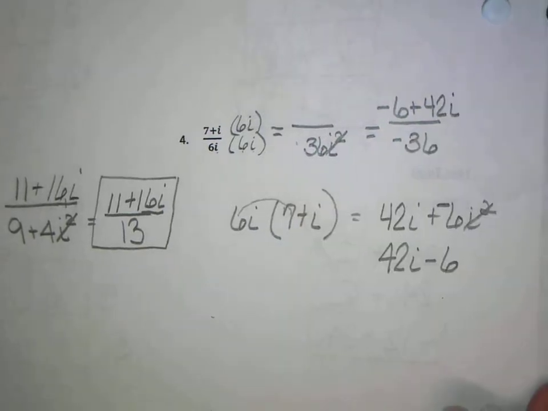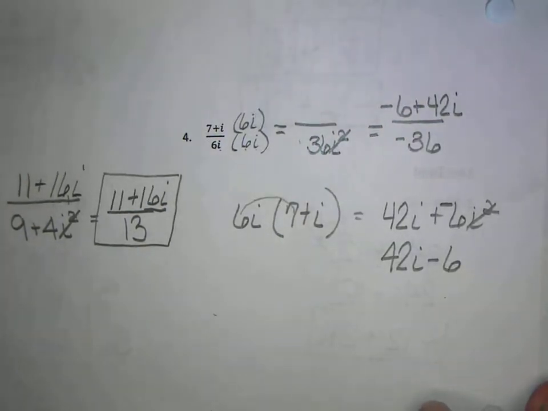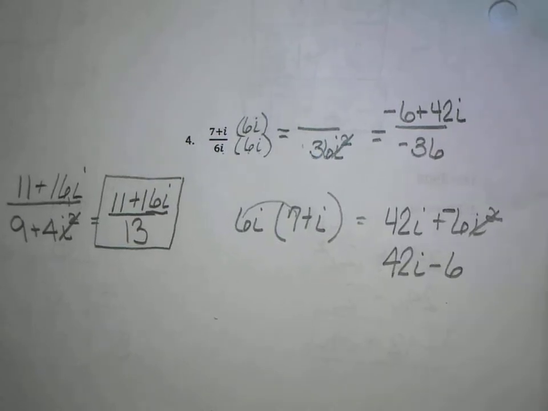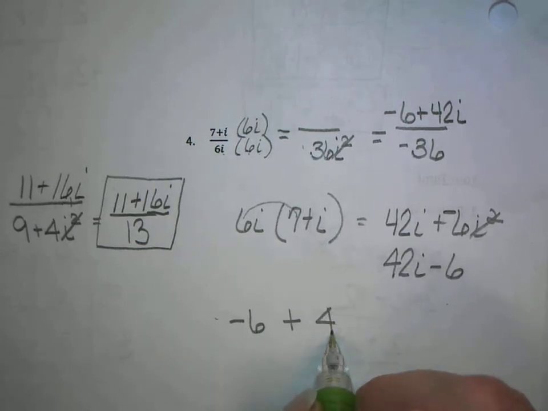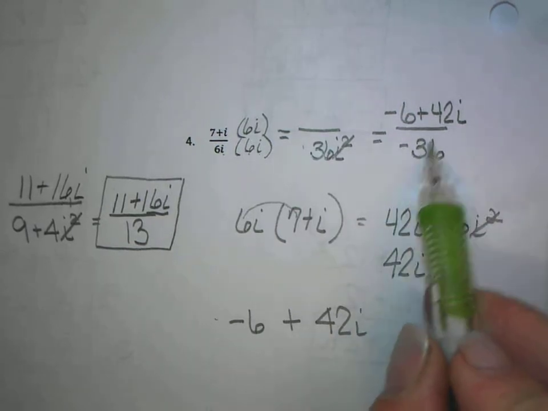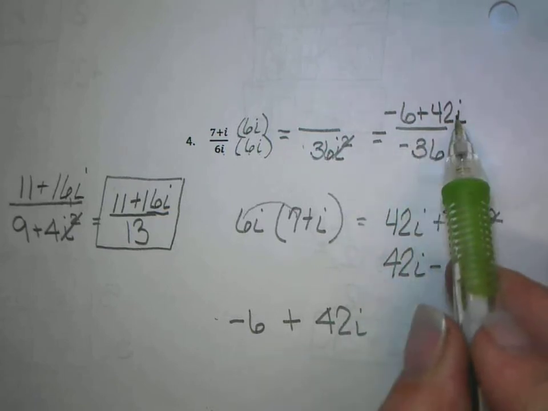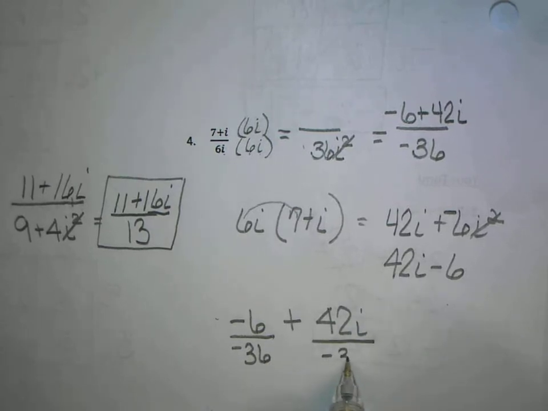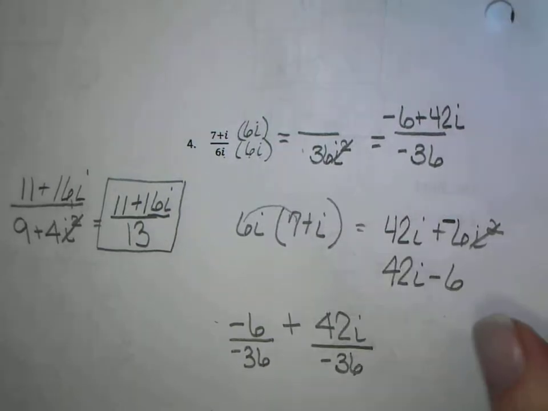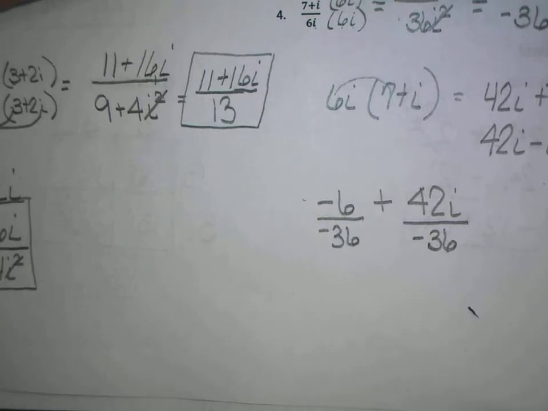Now, I'm going to go one step further with this answer, because there's something with this problem that you may or may not realize, and the answers in the book vary. What this problem is saying, I'm just rewriting, is that both of these are being divided by negative 36. And what you would need to do is reduce it to get the actual simplified answer.